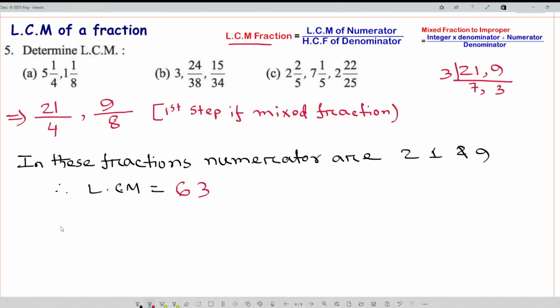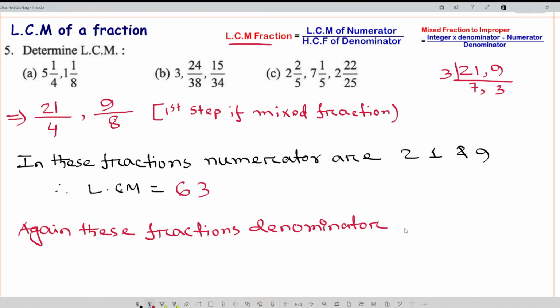Second, again these fractions denominator are 4 and 8.